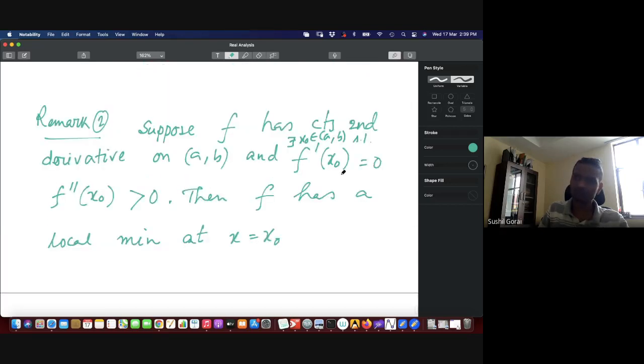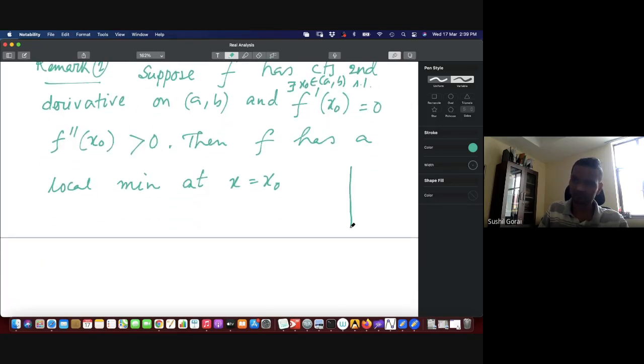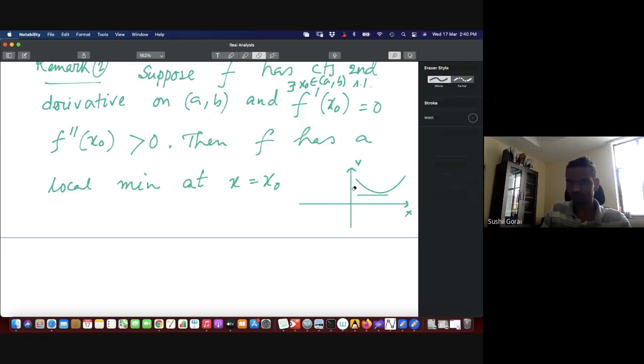So the picture is a convex function, or convex downward, which is also called a convex function, and one tangent line parallel to the x-axis.